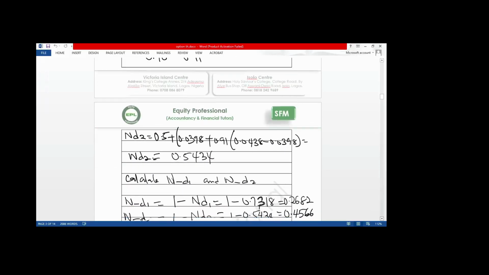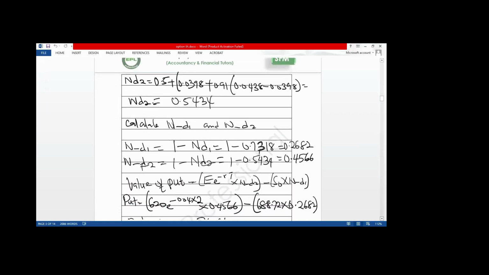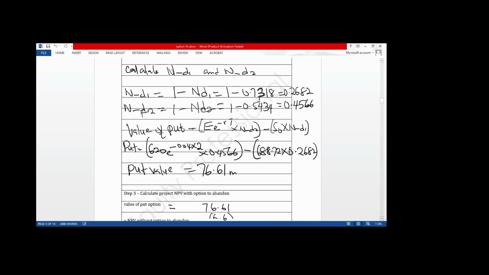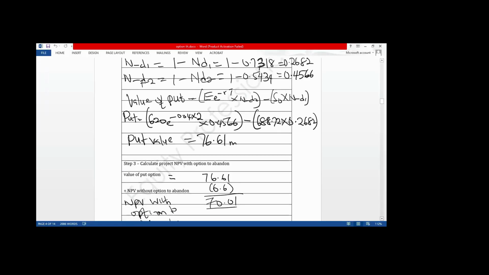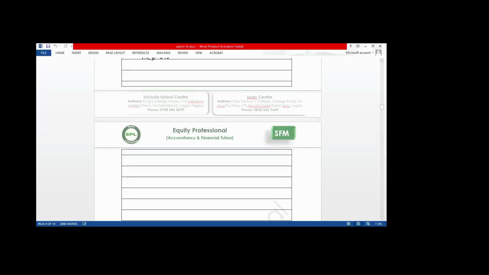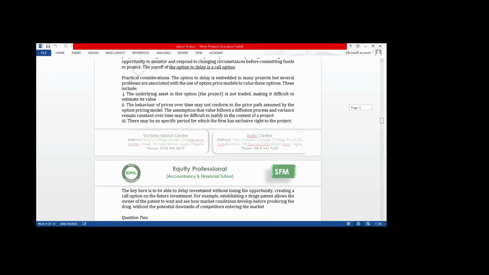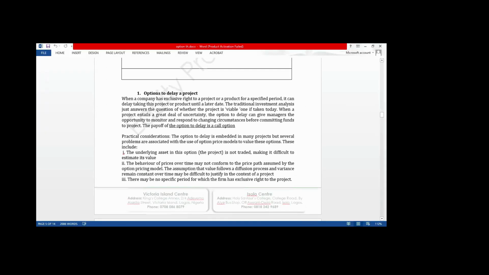We move to option to delay. Like I said, there are 4 areas of application.